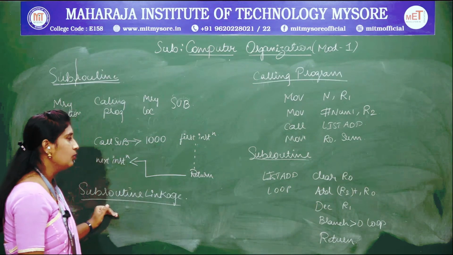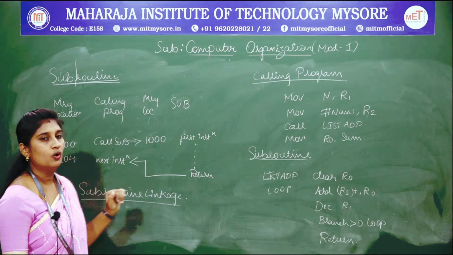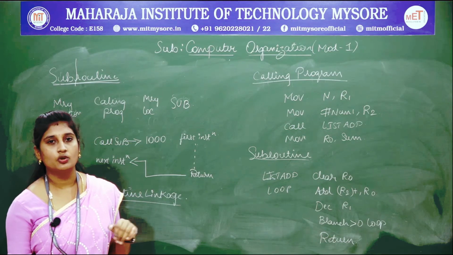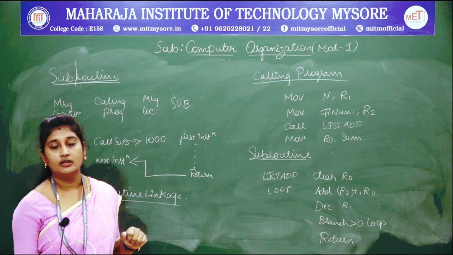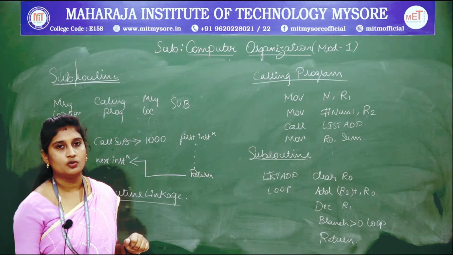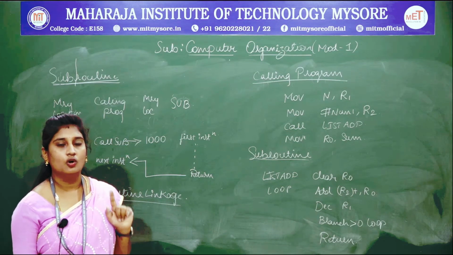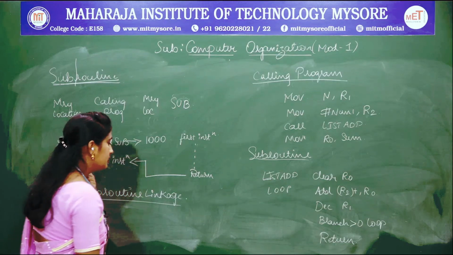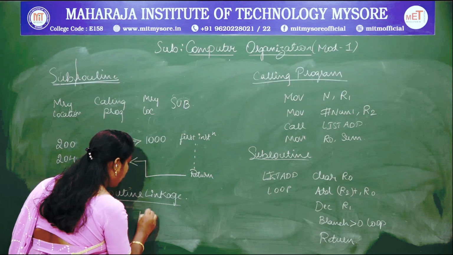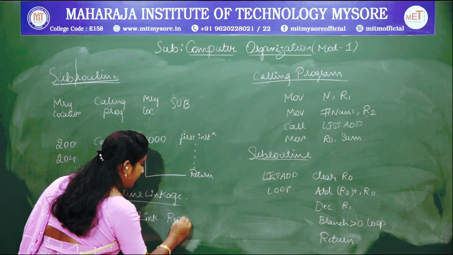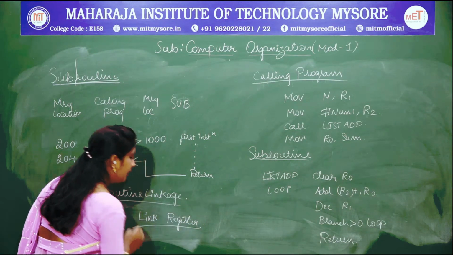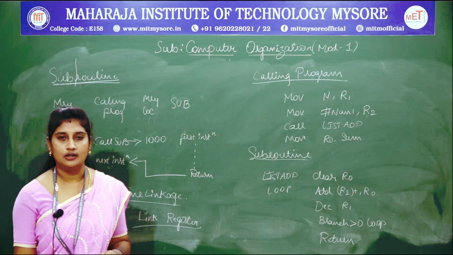When the subroutine is called and your main program gets halted, it should remember the address at which the program execution has been halted. So you have a register which stores the address of the memory location where your main program gets halted.